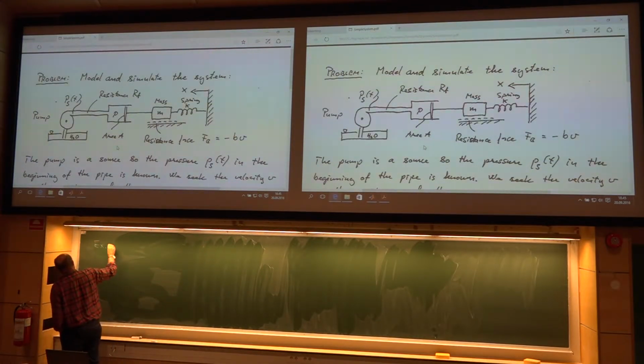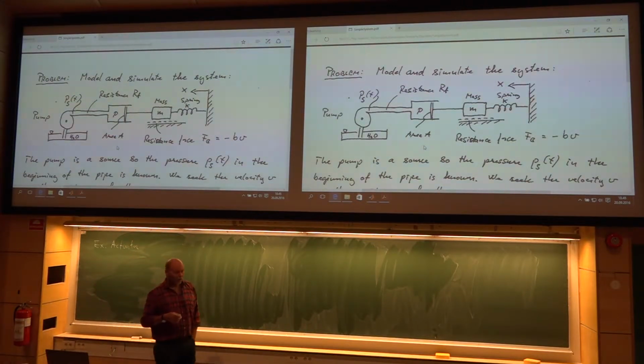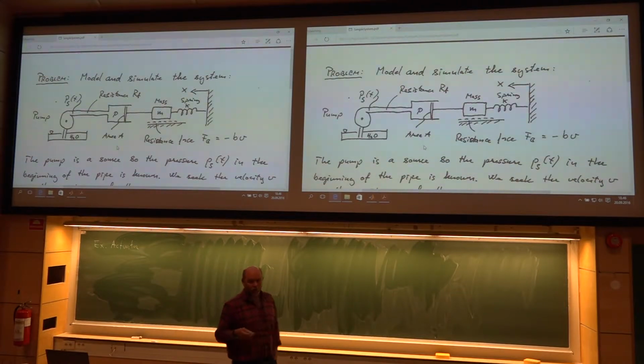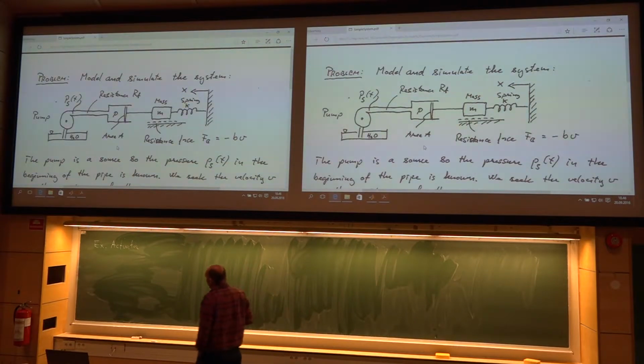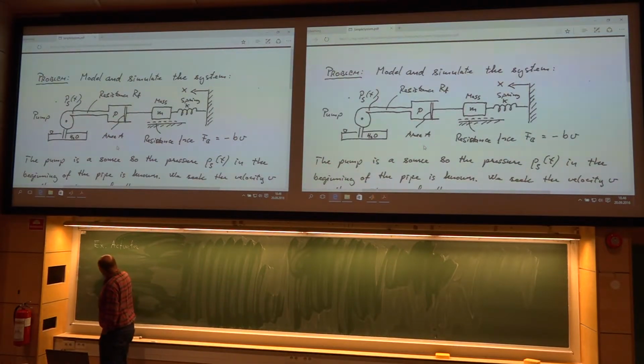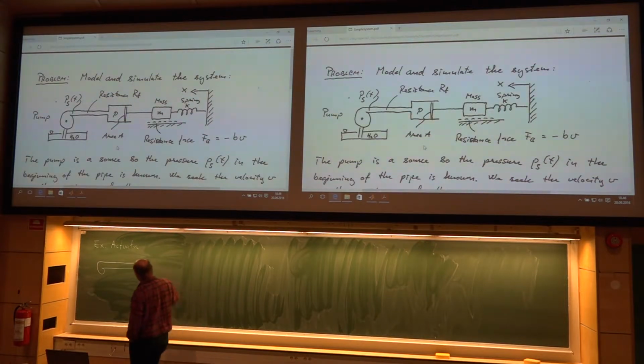Example, this is called an actuator. How you position the mass to a certain desired behavior. So we start, we have a pump here with a long flow, and inside here we actually have a resistance.